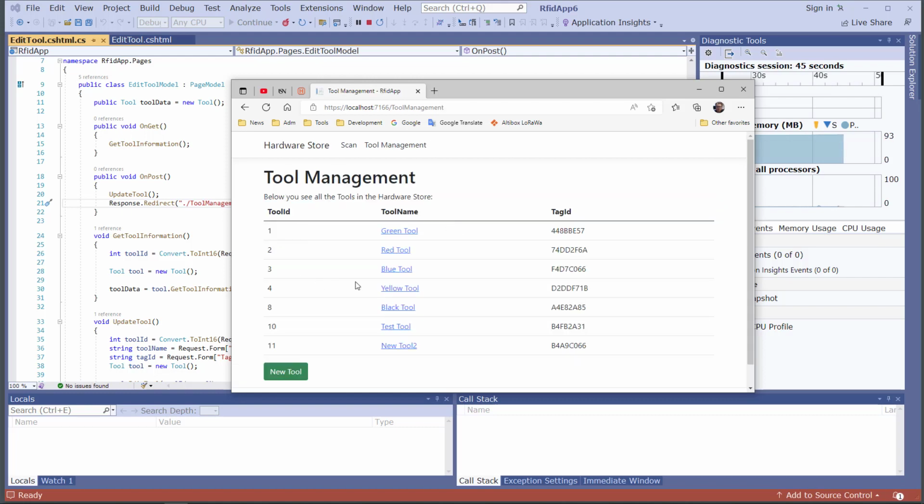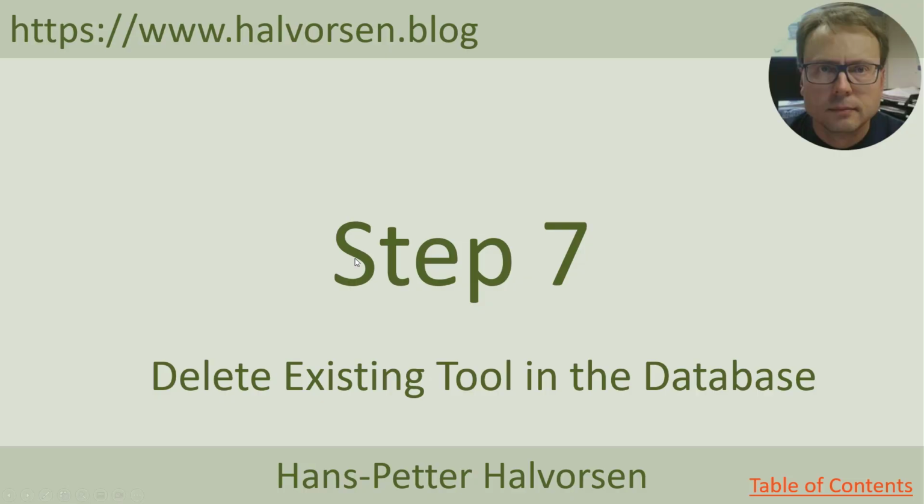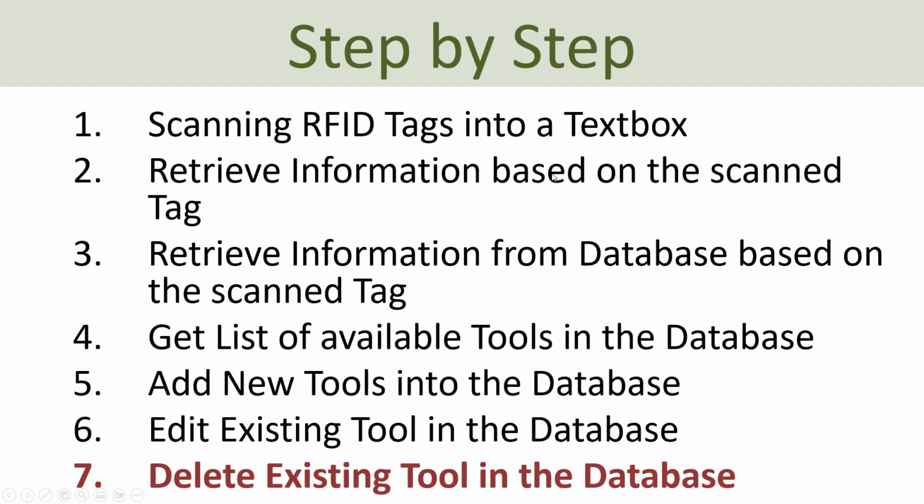So basically this is how we can present data from the database. We can add new data that is stored in the database, or we can edit or change existing data. So then let's go to the final step of this tutorial, and the final step will be to delete an existing tool in the database.